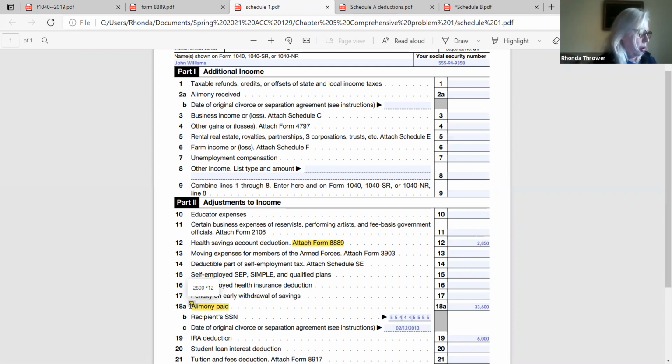When their 12-year-old reaches age 18, the payments are going to be reduced to $2,800. So the $2,800 is alimony.